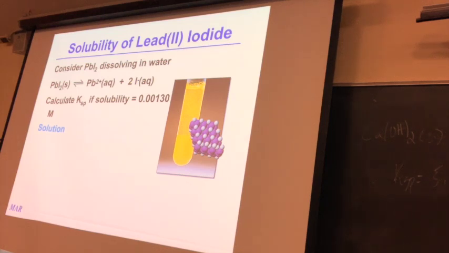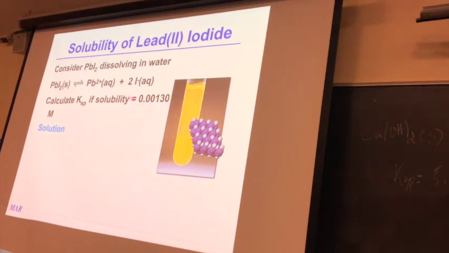So this 0.00130 value is the moles of PbI2 that dissolve per liter. In a liter of water, we'd have 0.00130 moles dissolved. In 2 liters of water, you'd have 0.00260 moles dissolved, stuff like that.